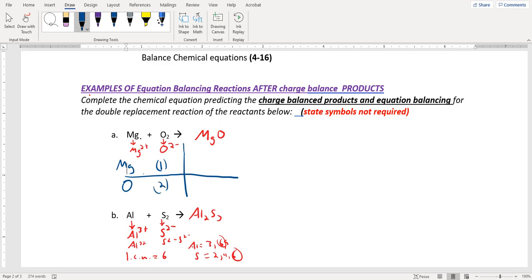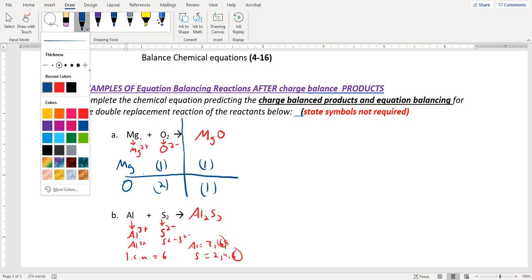This is the left-hand side of the reaction arrow. These are all reactants. On the right-hand side, we match up the magnesiums. This is going to be 1 magnesium and 1 oxygen. Now we need to put in the multipliers to figure this out.